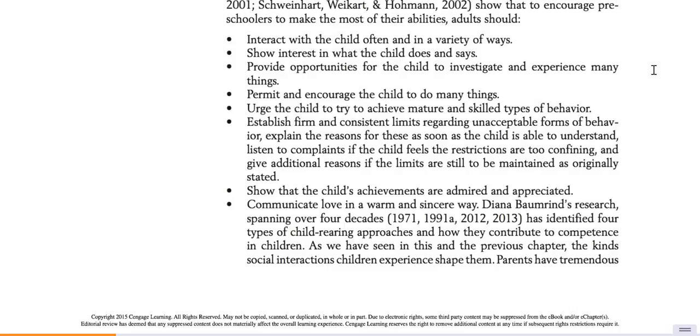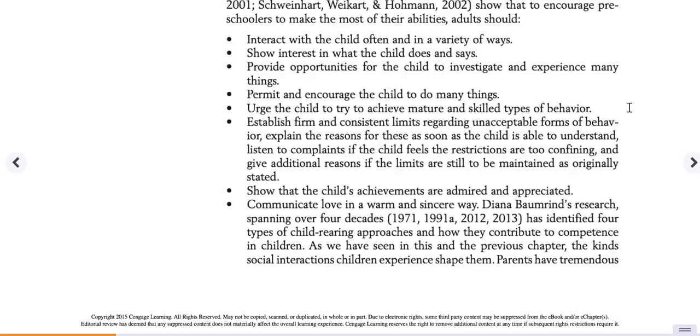Show that the child's achievements are admired and appreciated. Communicate love in a warm and sincere way. Diana Baumrind's research, spanning over 4 decades, has identified 4 types of child-rearing approaches and how they contribute to competence in children.